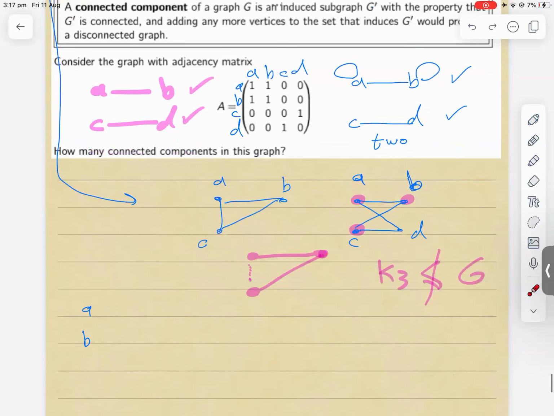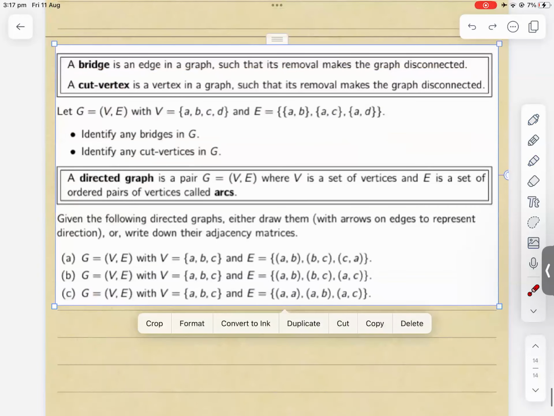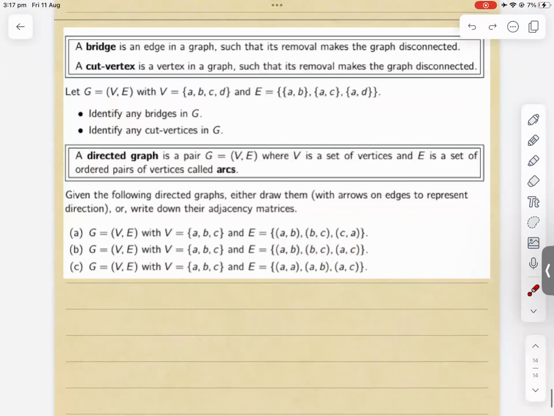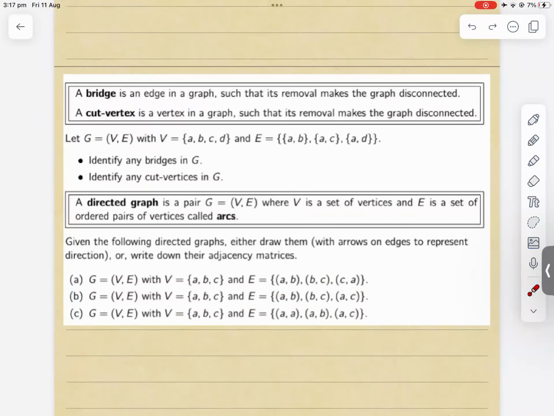Now this one, a bridge. This is the last slide. A bridge is an edge in the graph such that if we remove it, the graph will be disconnected. So somehow it's obvious.